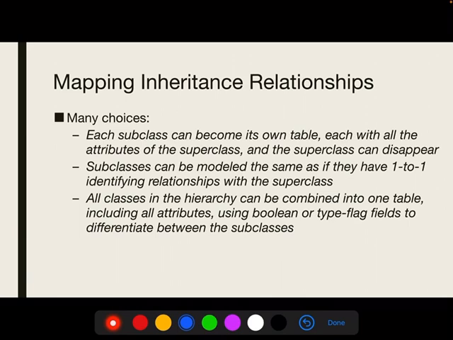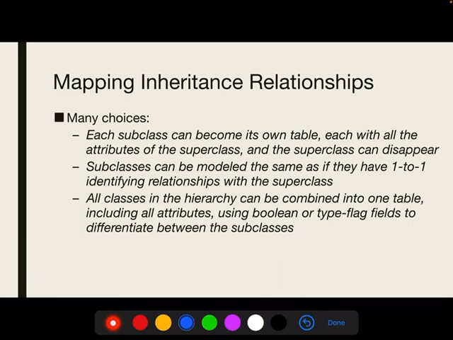One way is to model each one of them as a table. When you do that, of course, there will be a one-to-one identifying relationship from the superclass to the subclass, and then you can just follow the rules of one-to-one identifying relationships.